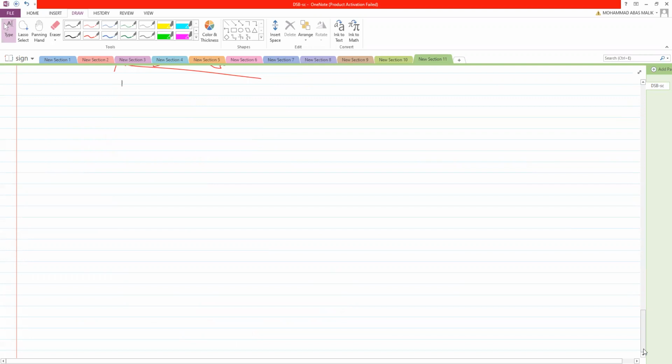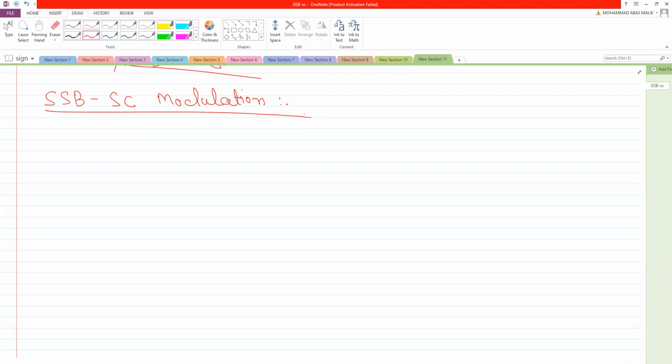So finally, we have to see what single sideband suppressed carrier modulation is, and the reason why we are going for this. So far as the transmission of information is concerned, in double sideband suppressed carrier we suppress the carrier, but there are still two sidebands which carry the information.